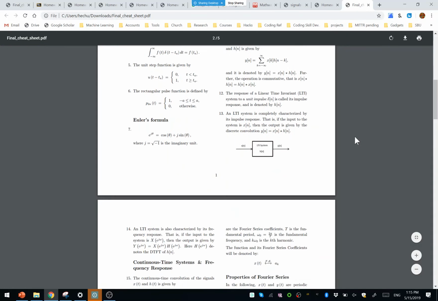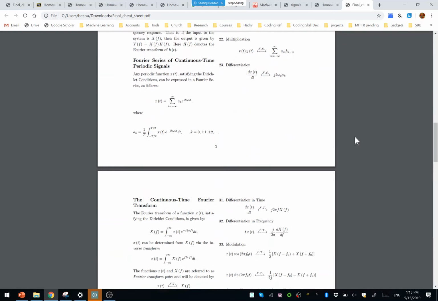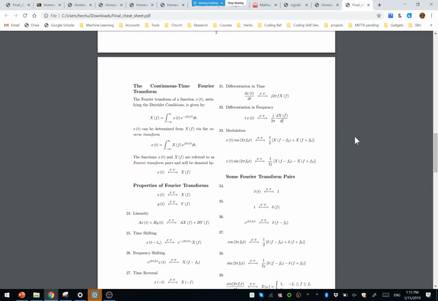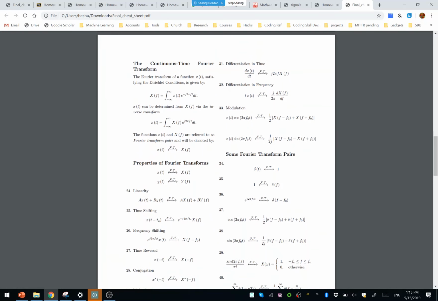So let's go to the Fourier transformation part, continuous time Fourier transformation, and go to cosine, which is here, number 37. We don't care about the value here, because in real signal processing systems we use amplifiers a lot, so you can get whatever value you want by amplifiers. We only care about the frequency here.